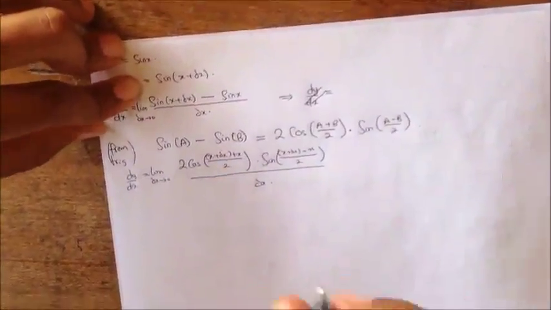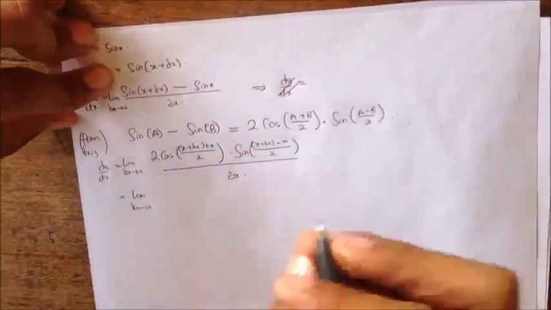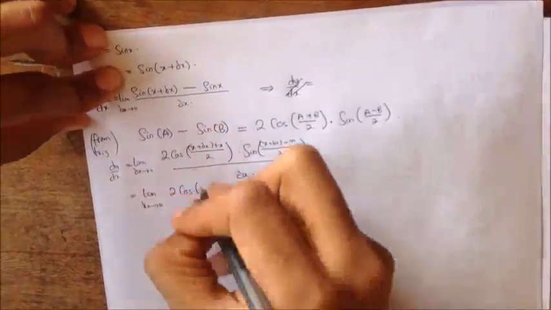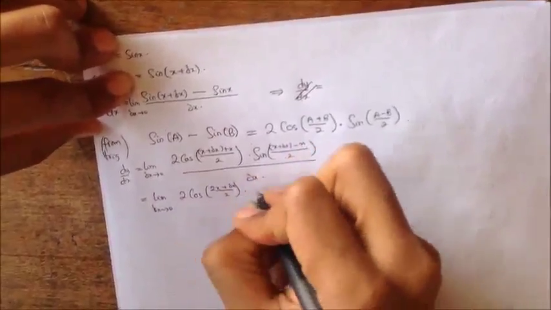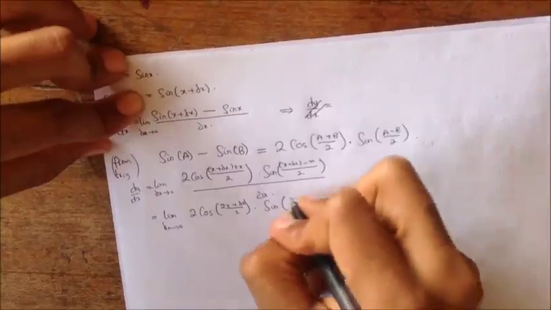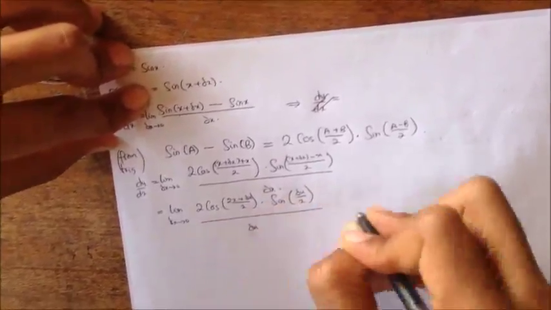I'll simplify what's in the bracket: 2 cos of (2x plus delta x) divided by 2, times sine of delta x divided by 2, since x minus x is 0, all divided by delta x.